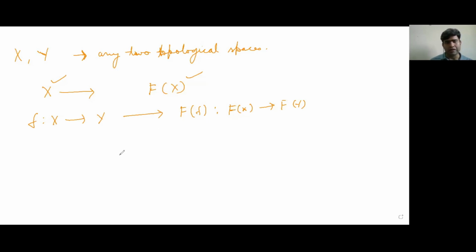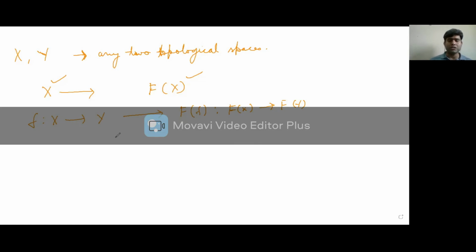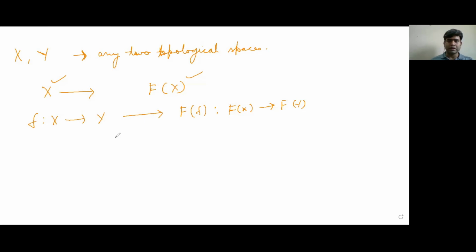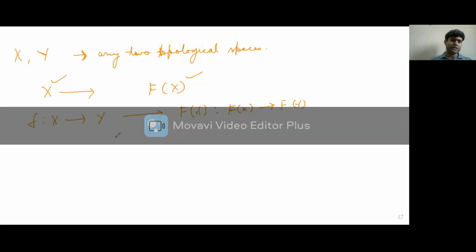So this is the idea. To solve topological problems, you convert them into an algebraic problem, you solve it, and then you conclude the solution of the algebraic problem. So it solves many of the problems in topology.